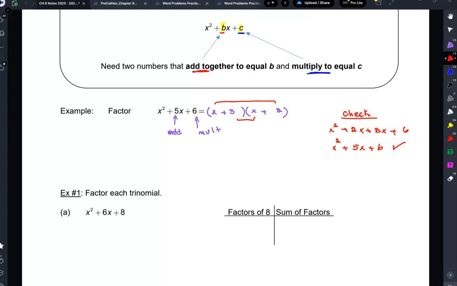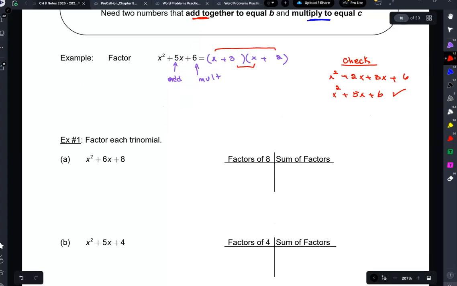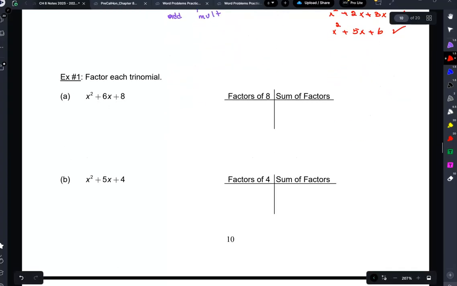Okay. So, let's do this one. X squared plus 6x plus 8. The way in which we do it, there has to be a system. You take this number and you want to write down the factors of 8 that add to 6.